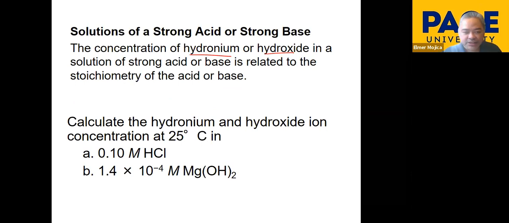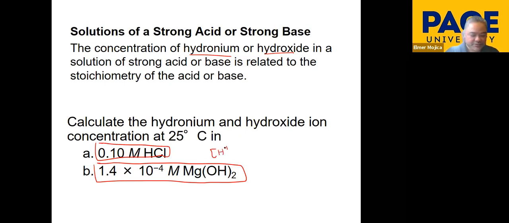So if we're going to calculate the hydronium and hydroxide ion concentration, let's say for this one and this one, how do we do it? What is H plus equal to here? Anyone? What is H plus equal to?